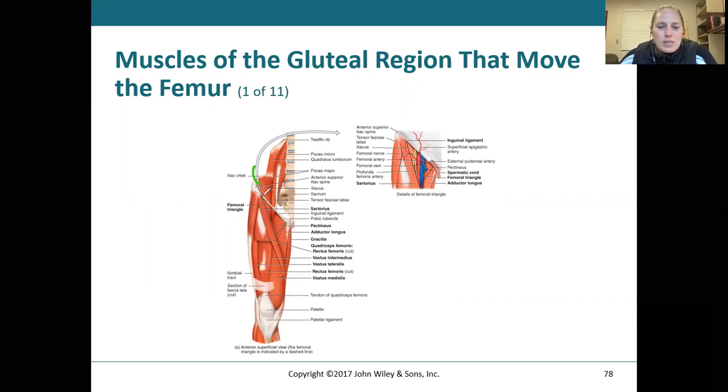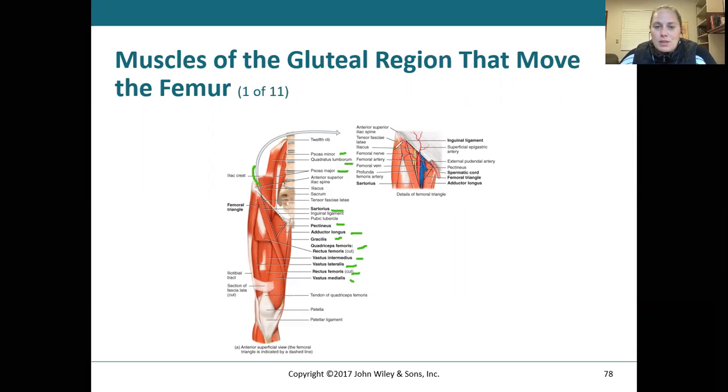From there, we can see there's a variety of muscles that are going to be originating and inserting into the hip bone. So psoas major, psoas minor, quadratus lumborum, sartorius, pectineus, adductor longus, gracilis, quadriceps, vastus intermedius, vastus lateralis, rectus femoris, vastus medialis, and then we'll also be hitting upon some of the femoral triangle.